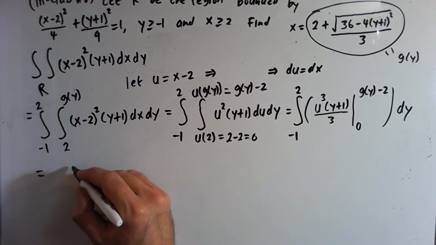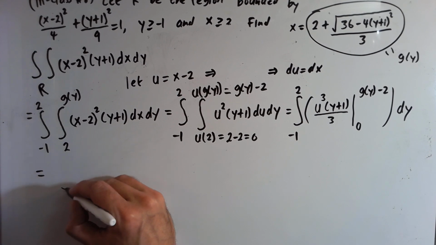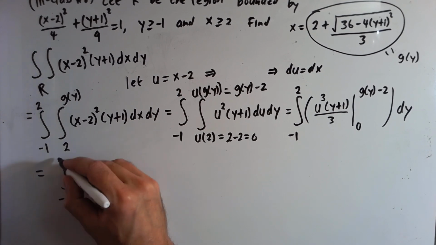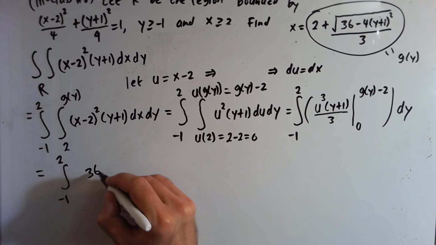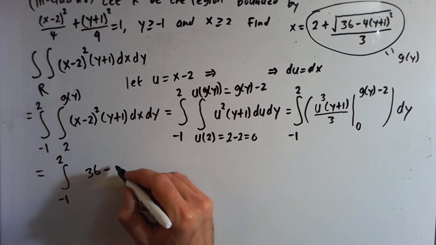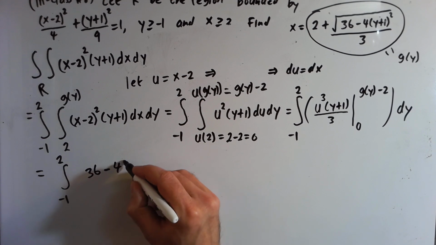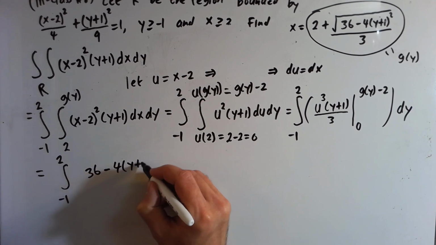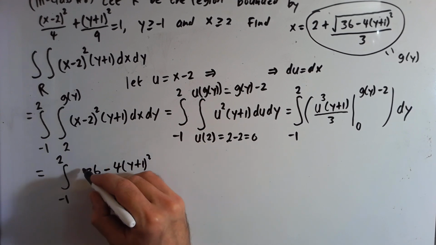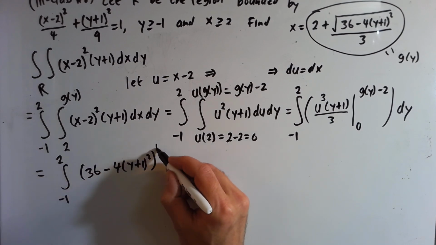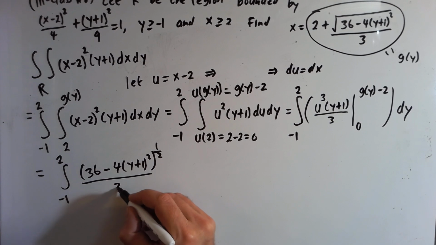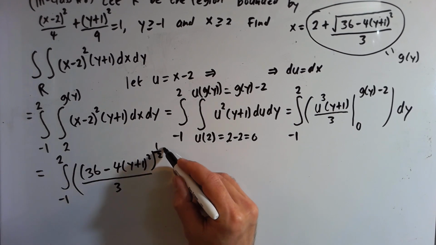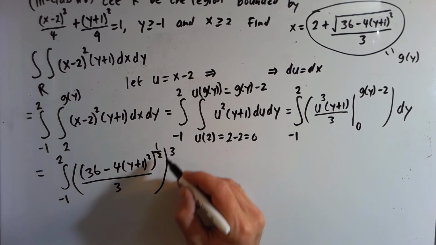So we could write this then as the integral from minus 1 to 2 of 36 minus 4(y plus 1) squared raised to the 1/2 divided by 3 still, this whole thing cubed.